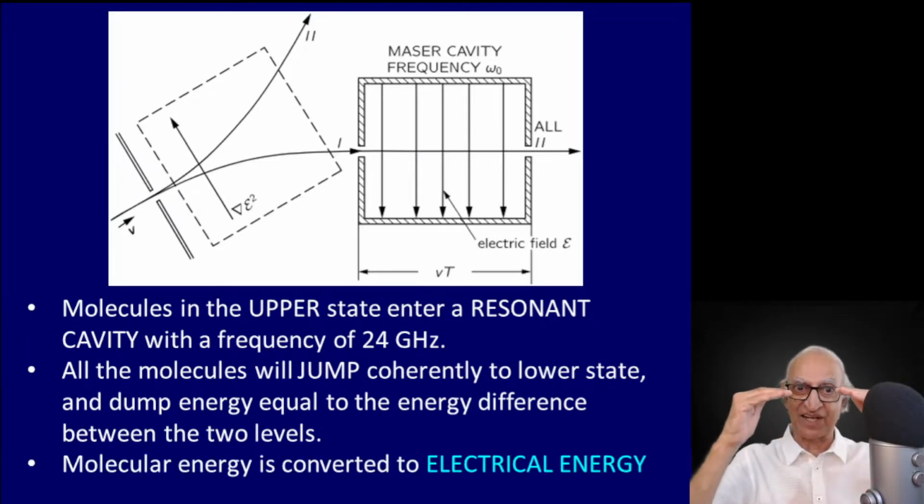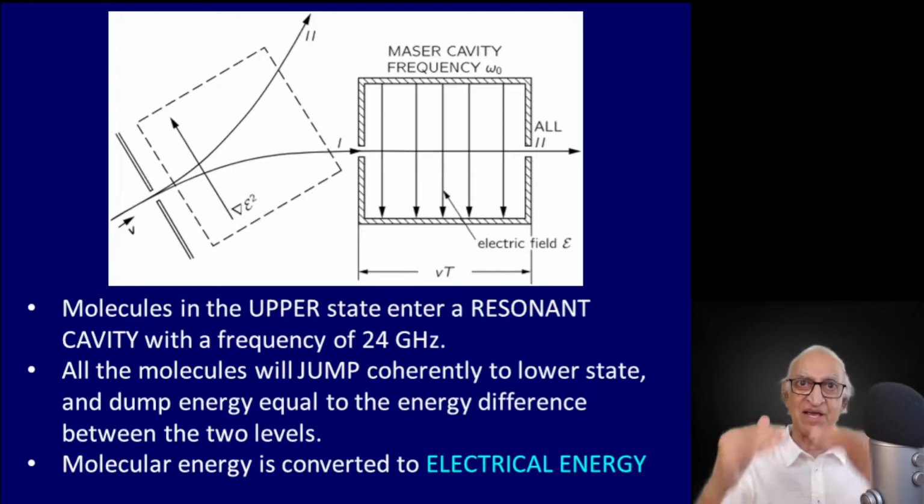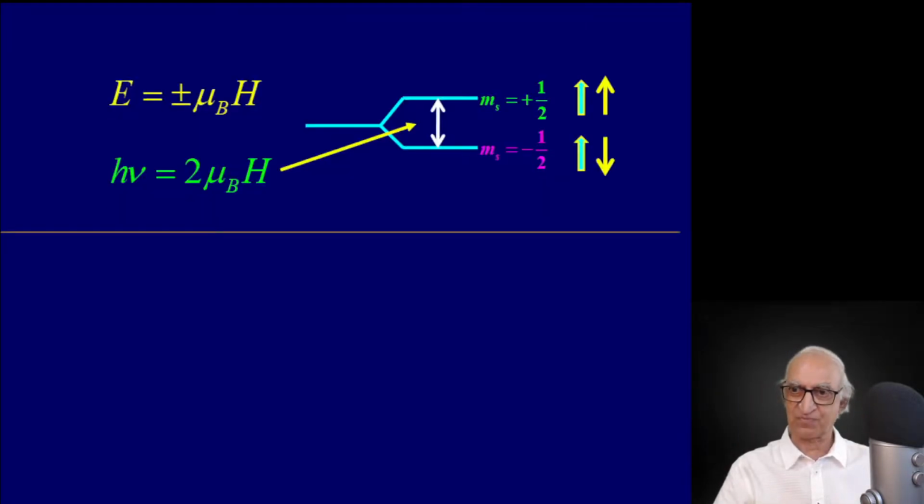Therefore, the molecular energy in the upper state has been converted to electrical energy. In other words, the electromagnetic energy in this cavity has now been amplified by stimulated emission of ammonia molecules jumping coherently from the upper level to the lower level.